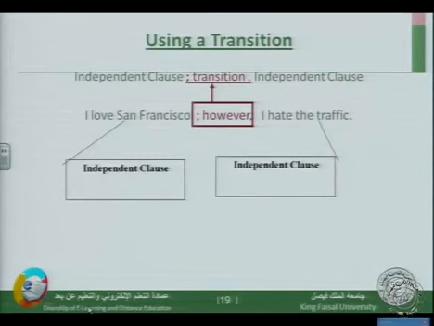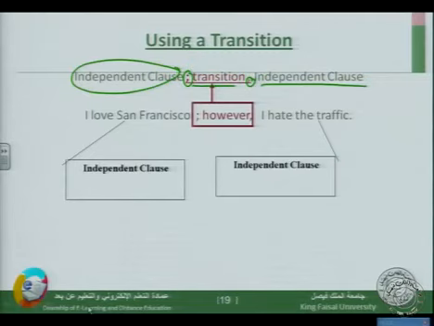Independent clause, using a transition. You should use a transition after an independent clause: you put a semicolon, then the transition, and then a comma, and then you mention the next independent clause.